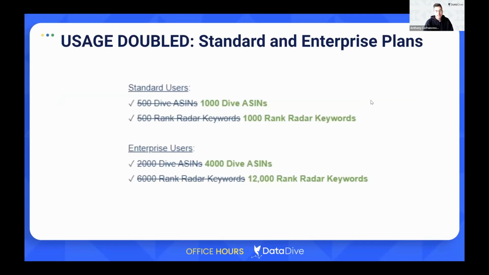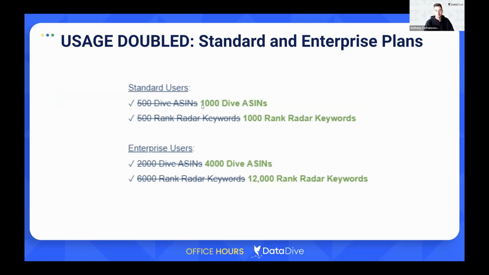A quick announcement. I know I've said this for the past couple of weeks, but if you didn't realize, we doubled the usage on standard and enterprise plans. So now with a standard plan, you're able to add 1,000 competitors to research every month, or you can track 1,000 keywords on Rank Radar. Enterprise users also saw all of their usage doubled, and we're not charging any extra for that.